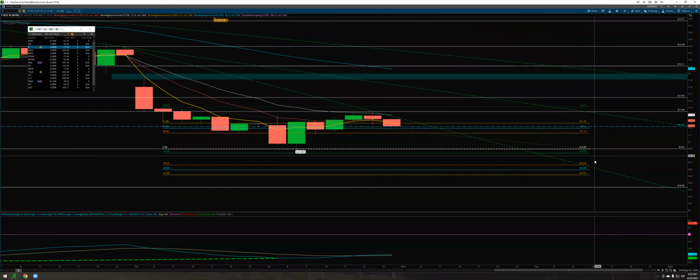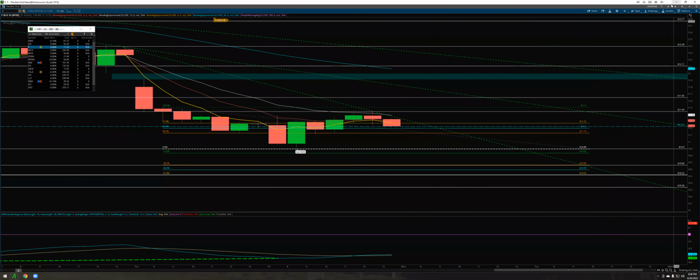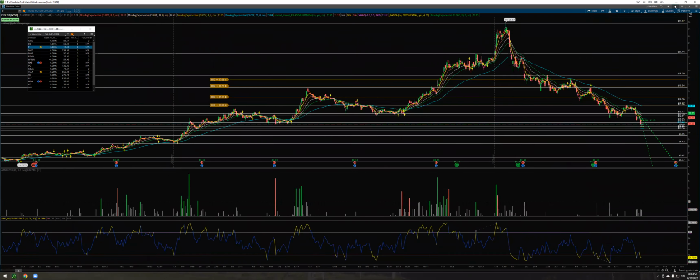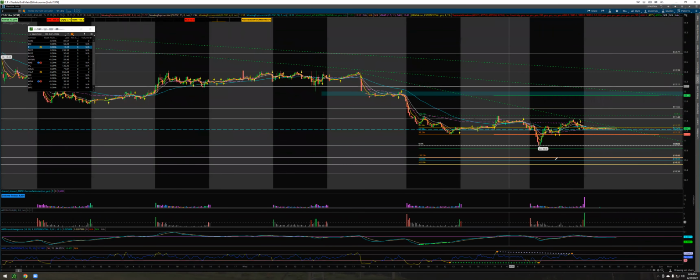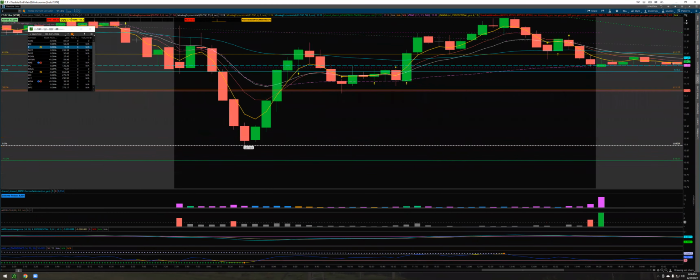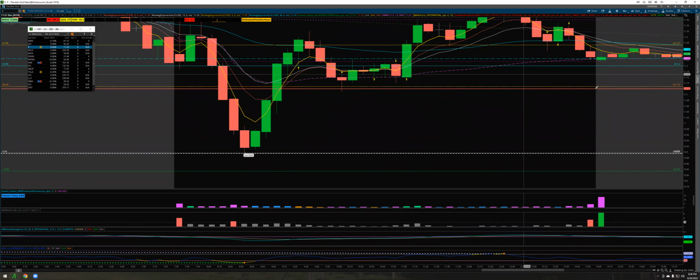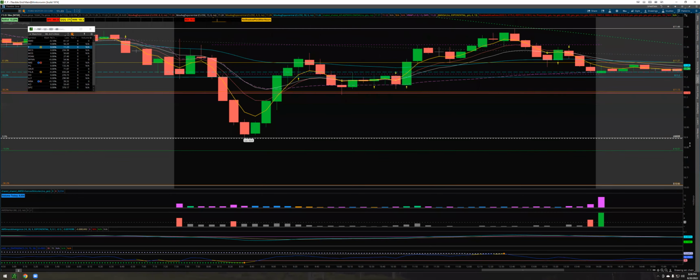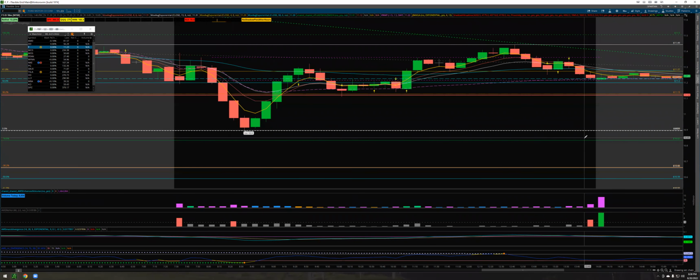So now you can find here a level and here another level. And then when you go to your 10 minutes, you have your levels for the day. Right? You have this one.